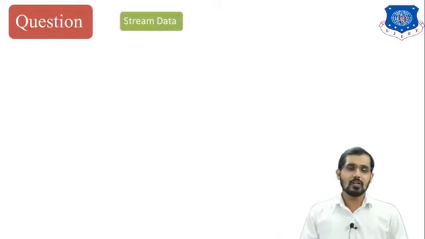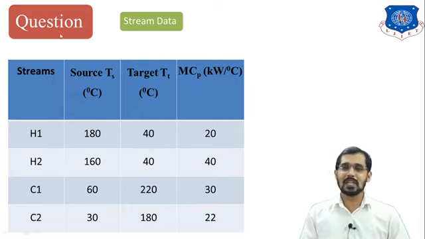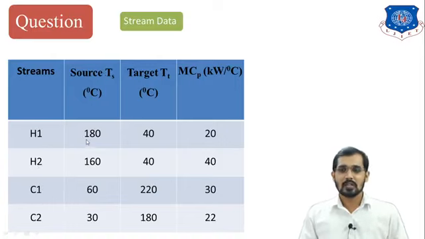Stream data will also be given in your exam like this. There are various streams available. See on the screen, those streams are H1, H2, C1, C2, meaning hot stream 1, hot stream 2, cold stream 1, cold stream 2. After that the source temperature is 180 degrees Celsius for H1, followed by 160 for H2, 60 degrees Celsius for C1 stream, and for C2 stream 30 degrees Celsius.